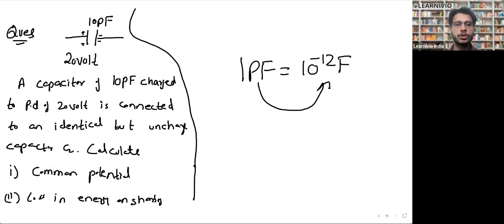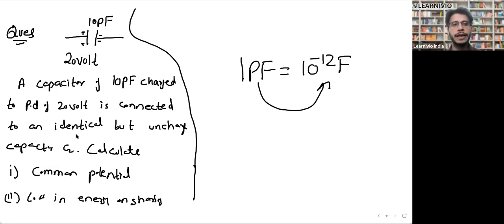V2 will be 0. Capacity is same. Ahmed, you're supposed to calculate V. See, C2 is same, na?